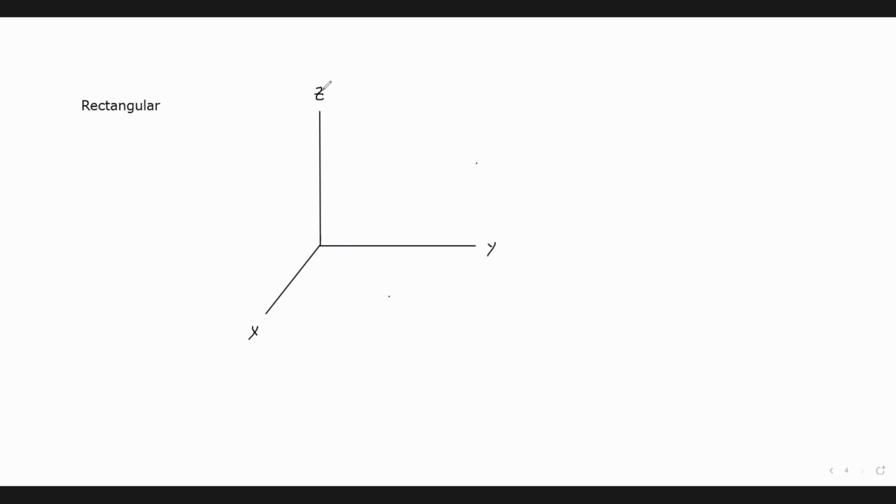However, if I put my fingers of my right hand along the y-axis and then turn my fingers into the z-axis, my thumb points along x. So y, z, x. And you probably will guess that if I put my fingers along the z-axis and curl them into the x-axis, I get my thumb pointing in the y direction. So it's always x, y, z, y, z, x, or z, x, y.